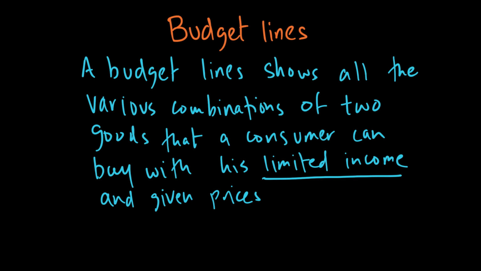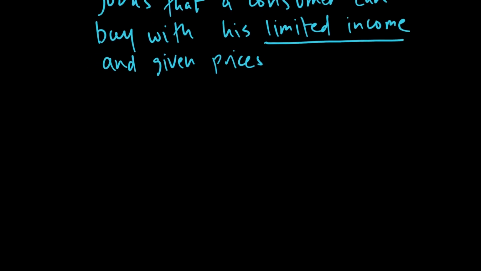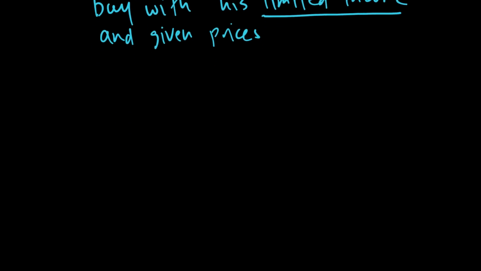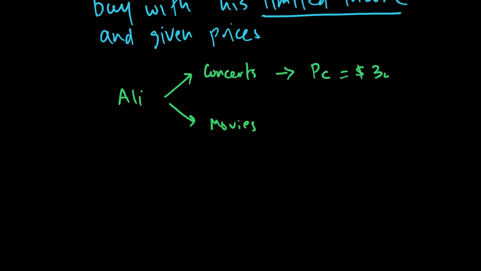Let's now look at an example to understand the budget line better. For example, we have a consumer, let's say Ali, and Ali has two choices to make. He can either go to concerts, or he can go to movies, or he can even consume both of these goods. The price of concerts, let's say, is $30, and the price of movies is, let's say, $10.